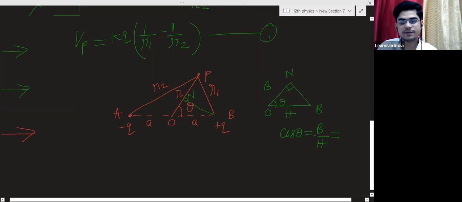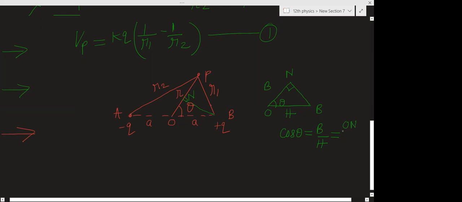Cos theta is base divided by hypotenuse. Base is ON and hypotenuse is OB. Yes. Okay.